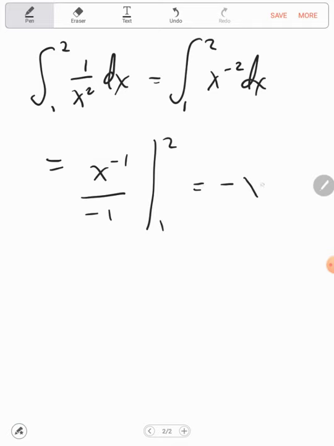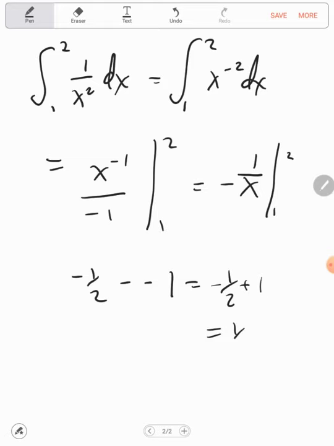So this is just minus 1 over x, from 1 to 2. So we have minus 1 over 2 minus, minus 1 over 1, because when you replace there, we just have a 1. So this is minus half plus 1, which is 1 minus half. So our answer is half.